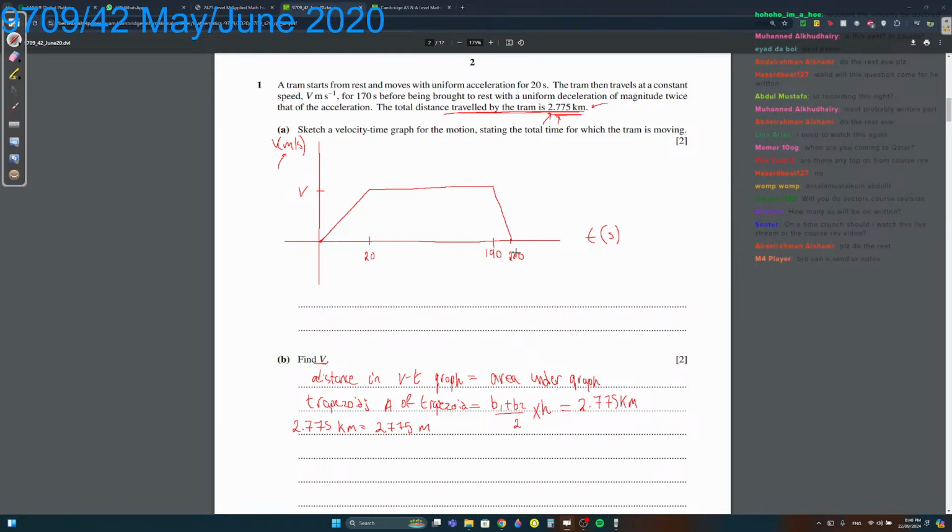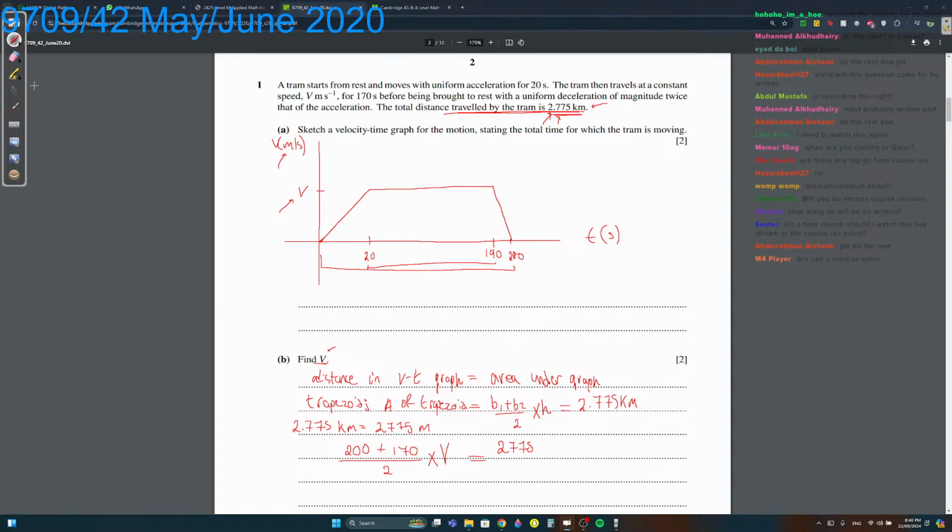So now we're going to solve this. Base 1 is 200, right? Base 2 is over here from 20 until 190, so that's 170. Over 2 times the height. What's our height in this case? It's V, right? We're trying to find this V. And we know this is all equal to 2,775.